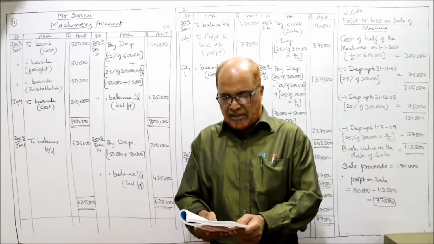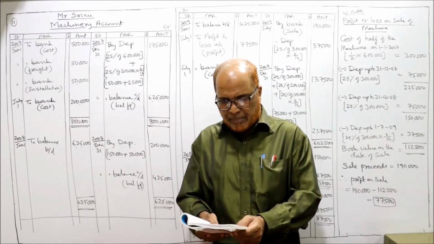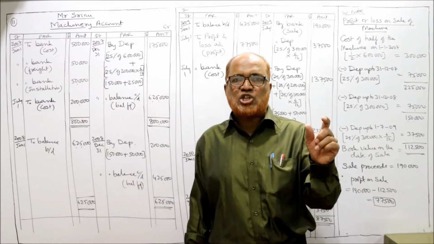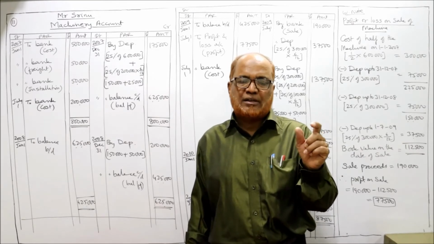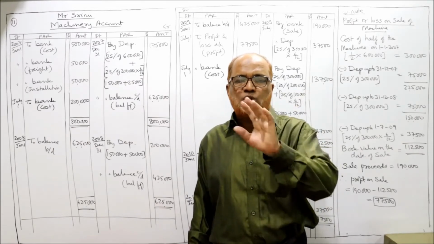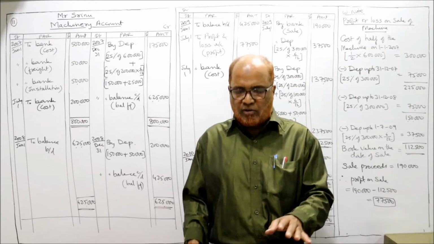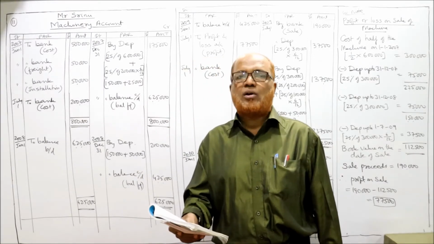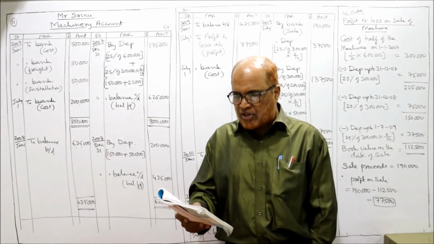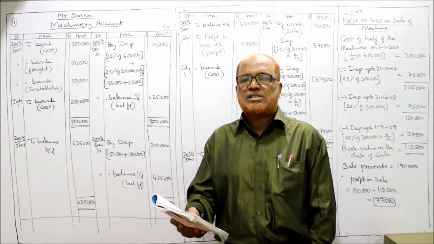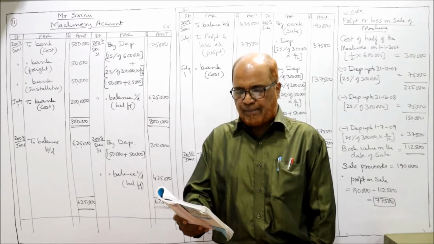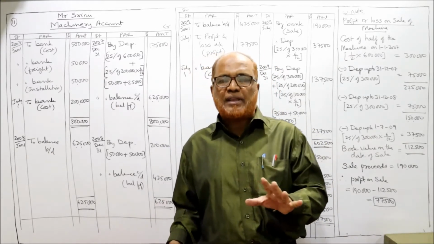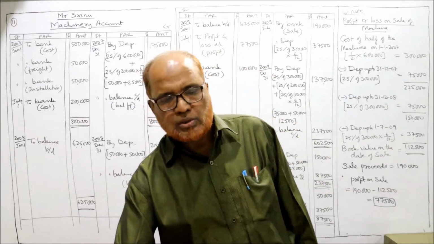Depreciation is provided at the rate of 25% per annum on straight line method, also called fixed installment method or original cost method. So 25% on the original cost, and the depreciation amount will remain the same. Assuming that the books are closed every year on 31st December, prepare the machinery account for the years 2007 to 2011.